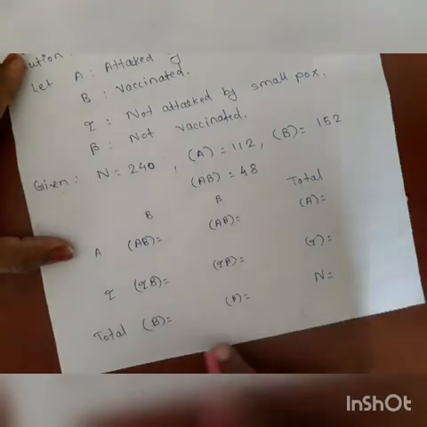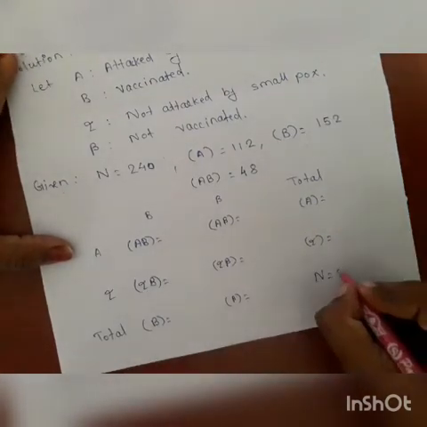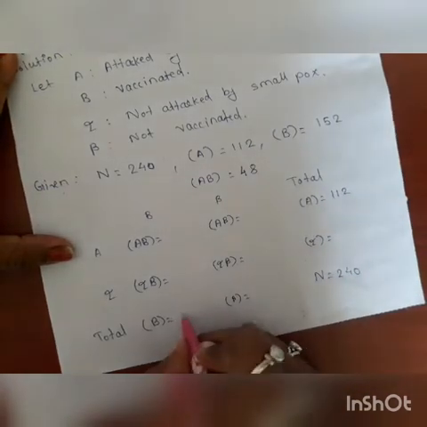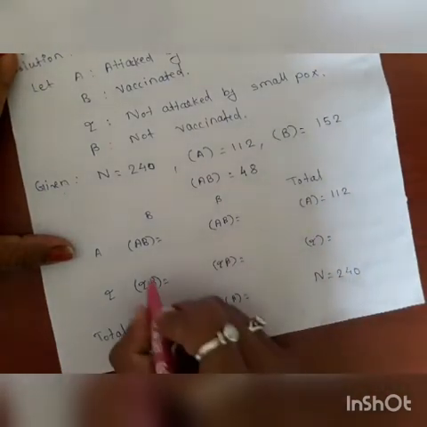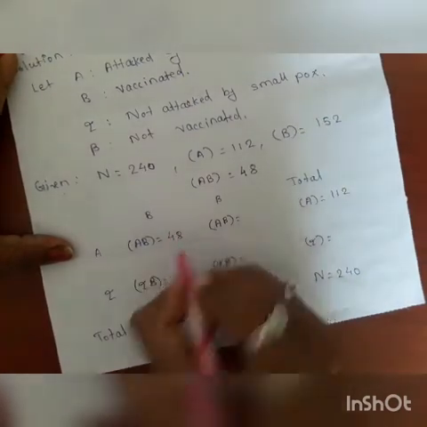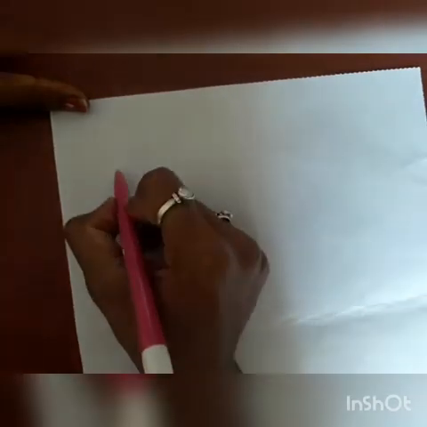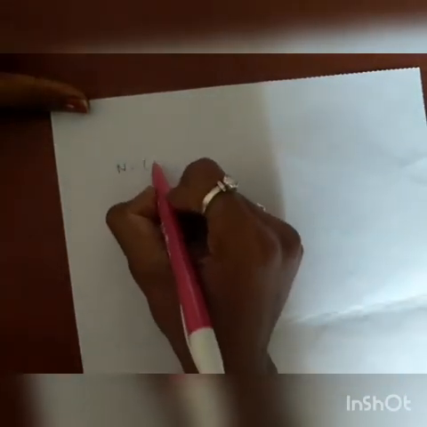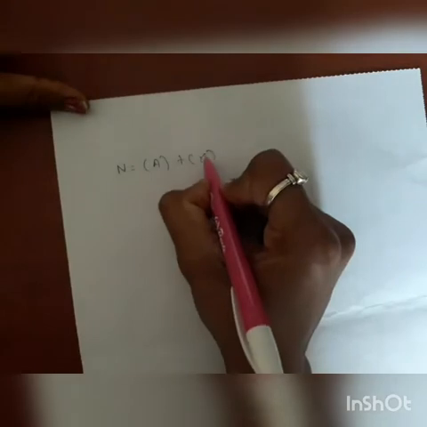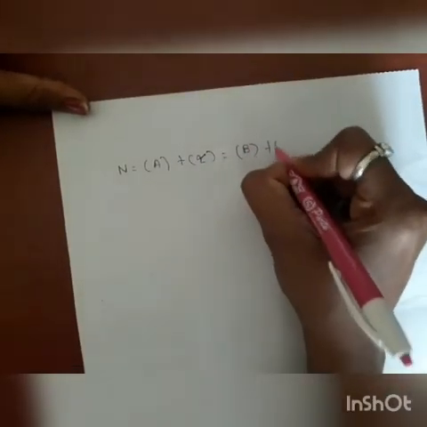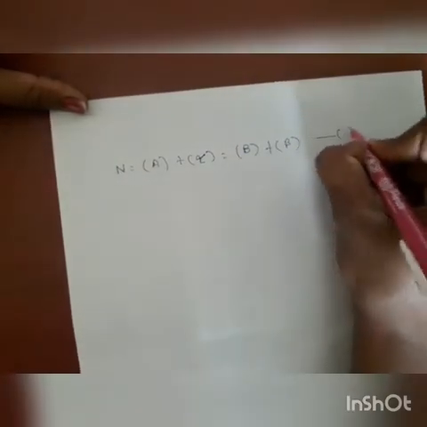Take the given values: N is equal to 240, (A) is 112, (B) is 152, and (AB) is 48. From this table, the first equation is N = (A) + (α) = (B) + (β). This is equation number 1.